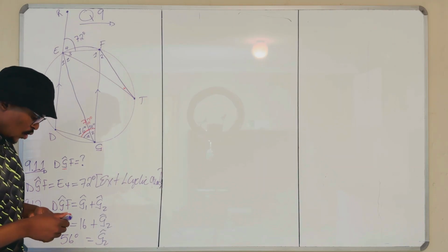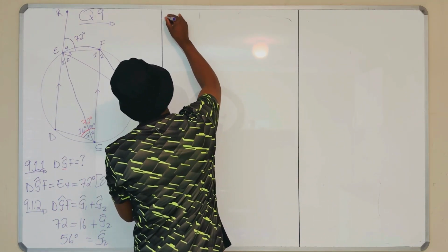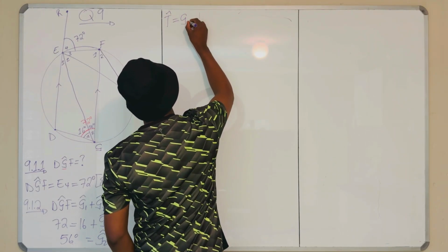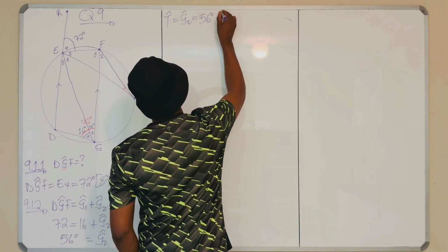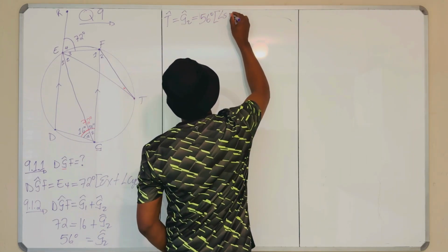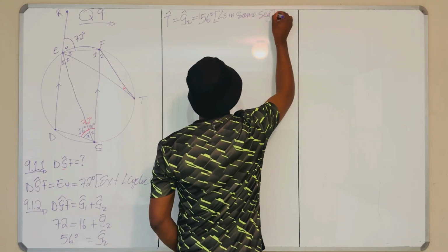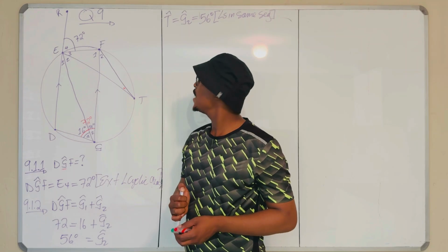So we'll say angle T is equal to angle G2, and they're both equal to 56 degrees. The reason: angles in the same segment, subtended by the same chord or the same arc. And we're done with this one.